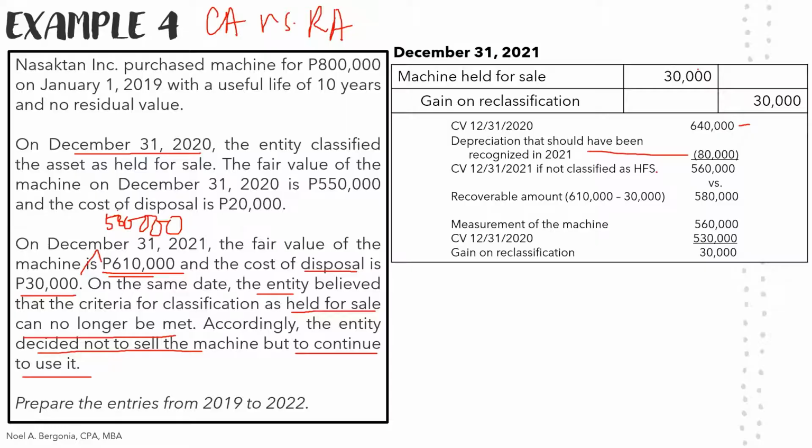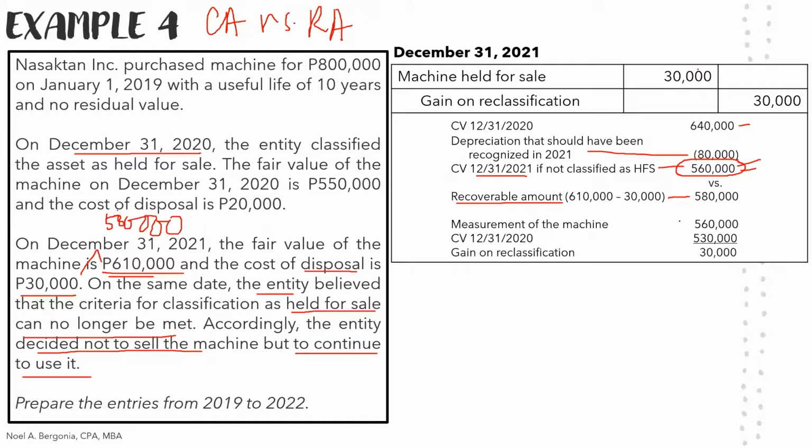So, its carrying value on December 31, 2021, kung hindi sana natin siya classified as held for sale or using the original classification na PPE, it should be 560,000. Then, comparing it with the recoverable amount na na-mention kanina na 580,000. So comparing that, that is having a lower value para sa carrying value, okay, if not classified as held for sale. So ito po yung magiging valuation natin pag binalik po natin siya sa ating original classification na PPE.